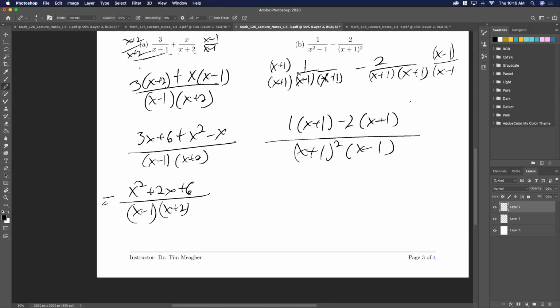This becomes plus 2. If I factor that in, I'll have minus x plus 3 over x plus 1 squared, x minus 1. Okay. And so this is just working with rational functions. You'll mess with it a little bit. You'll get more comfortable with it.